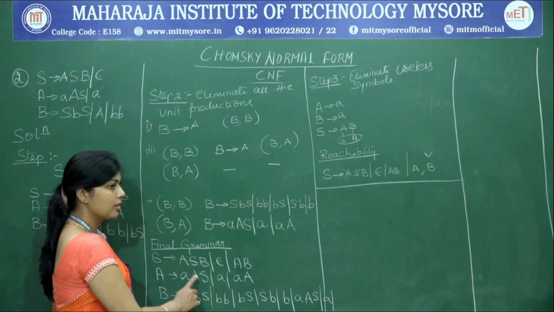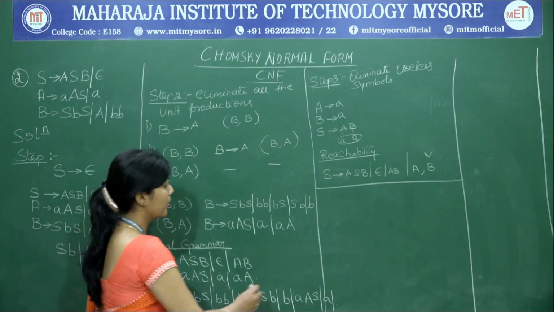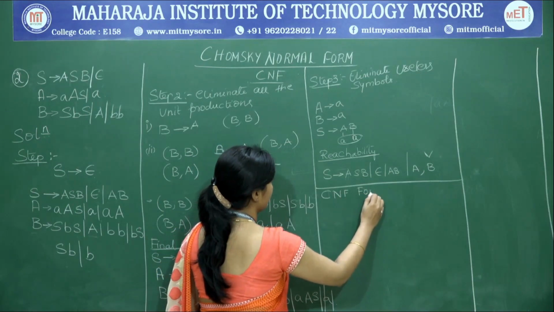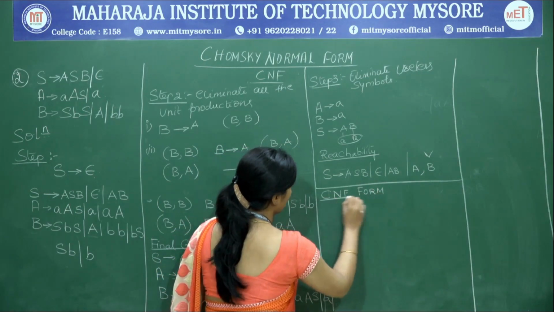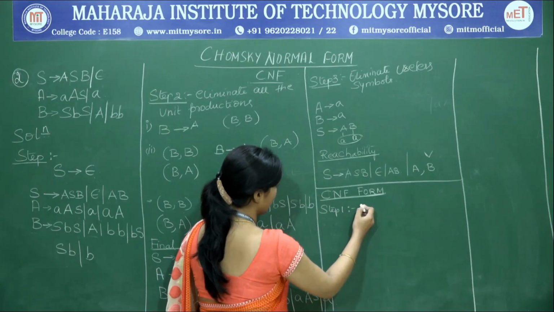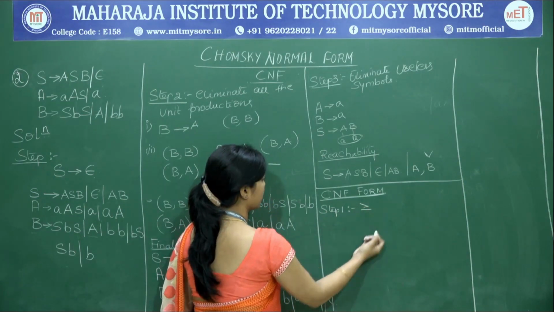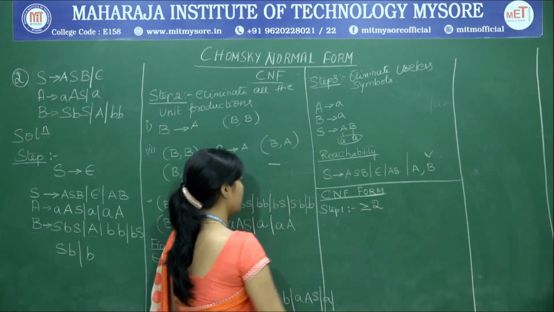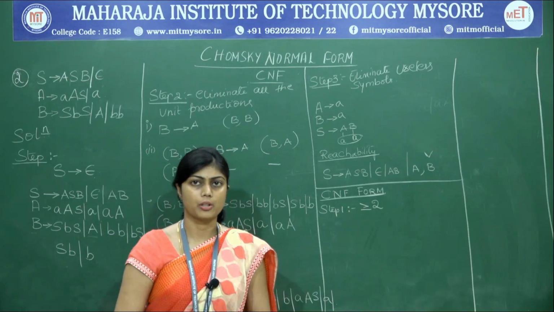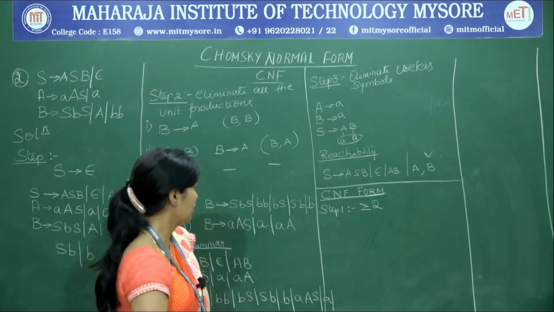So now we are going to consider this grammar in order to bring it into the CNF form. So now in step 1, we are going to concentrate on every production which is of length greater than or equal to 2. And we are going to replace all the terminals in those productions by new variables.